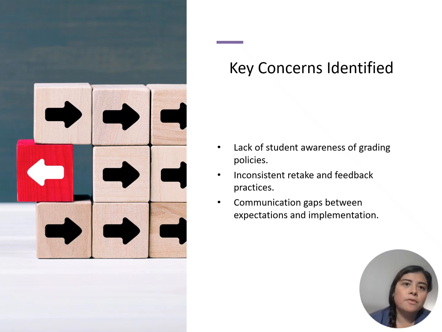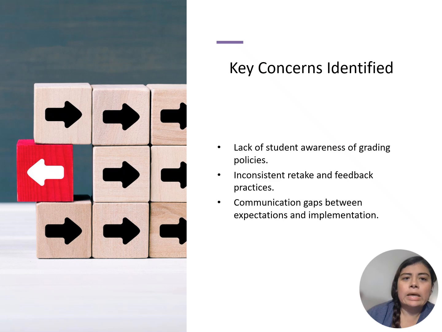So after looking at both sets of responses, both students and teachers, 3 key issues really stood out to me. The first is that many students lack a clear understanding of how or why they are assessed, or why these major grades count for so much. The second is that practices around retakes and feedback aren't consistent across teachers, within subject areas, and definitely cross-curricular, which could lead to confusion for our students.